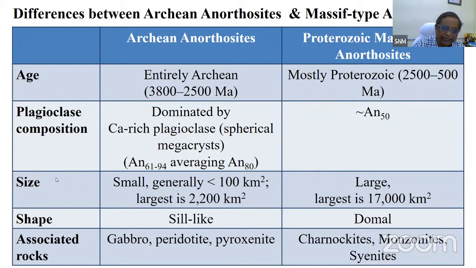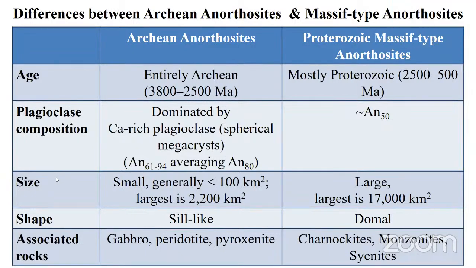The Archean anorthosites are dominated by calcium-rich plagioclases, which are normally equant to spherical shaped megacrysts, more than 4 to 6 centimeters in size, with plagioclase composition of An 80 plus or minus 10, whereas Proterozoic massive type anorthosites average An 50 plus or minus 10.